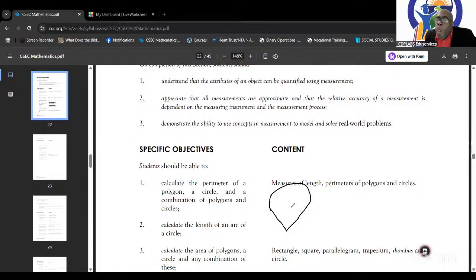All right. Let me look for a picture, since my drawing is not doing justice to the shape. Let me look for a picture of a sector.